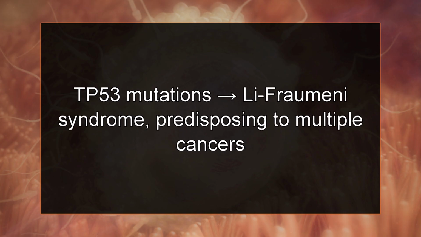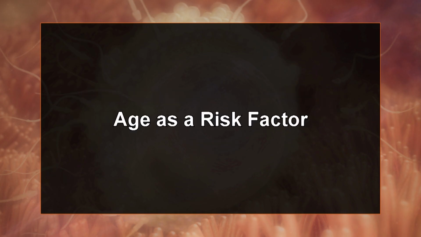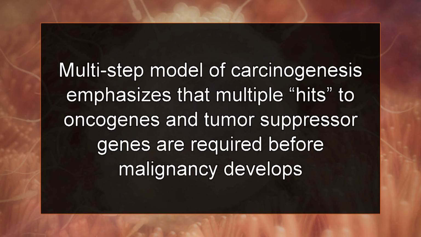TP53 mutation is associated with Li-Fraumeni syndrome, predisposing to multiple cancers. Age as a risk factor. Cancer incidence increases with age due to cumulative effects of mutations over time. The multi-step model of carcinogenesis emphasizes that multiple hits to oncogenes and tumor suppressor genes are required before malignancy develops.